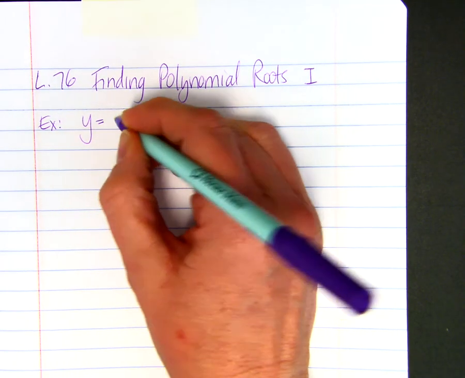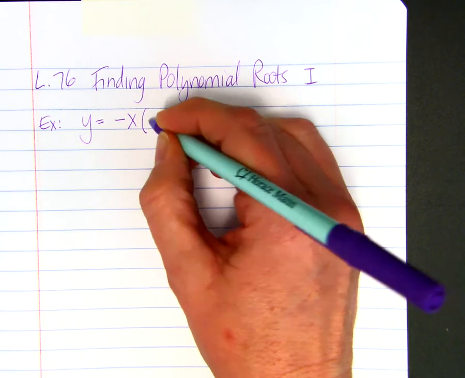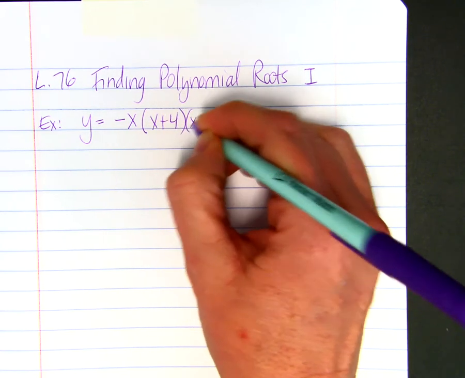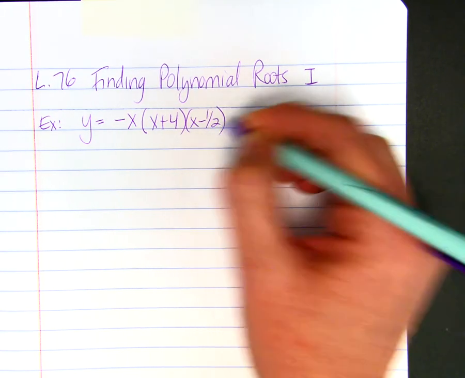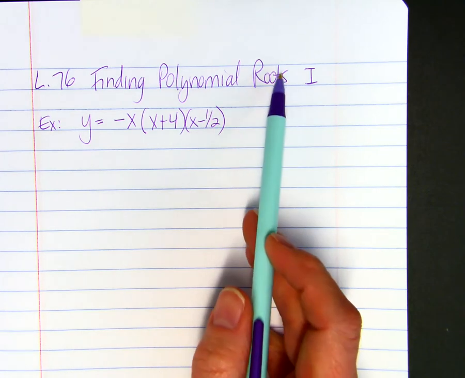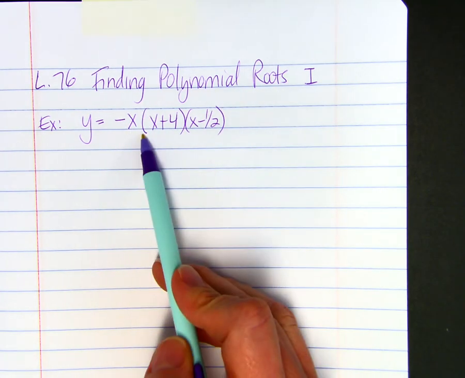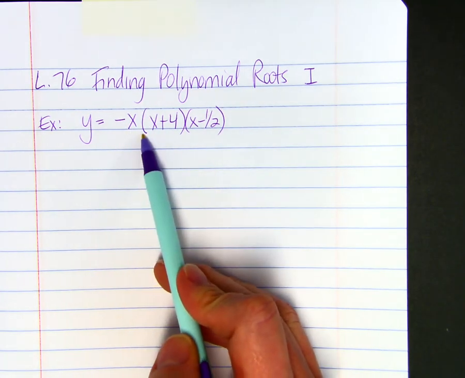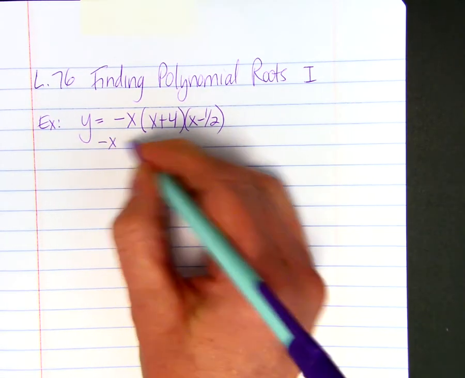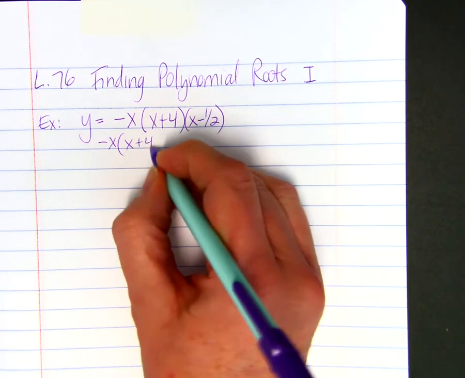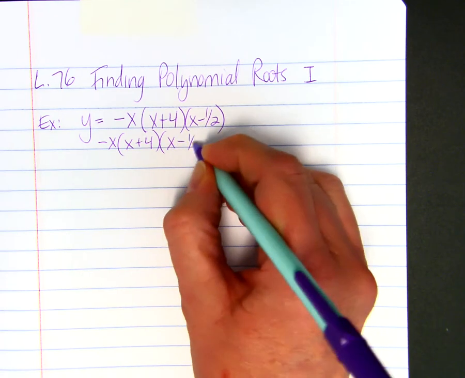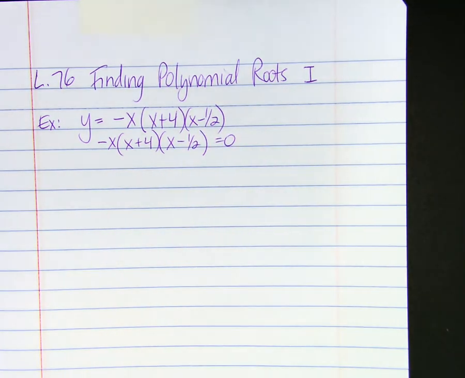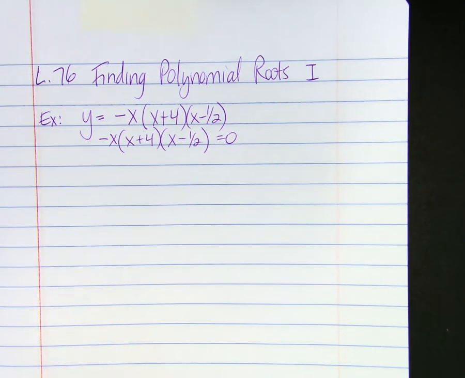So if this is already factored, to find the roots, you set this polynomial equal to 0. That's all you have to do. And then you set each factor equal to 0.